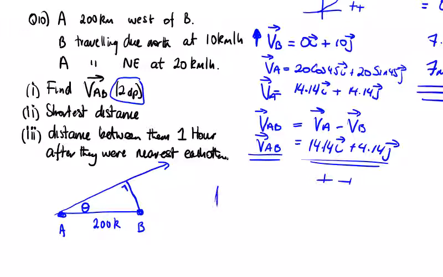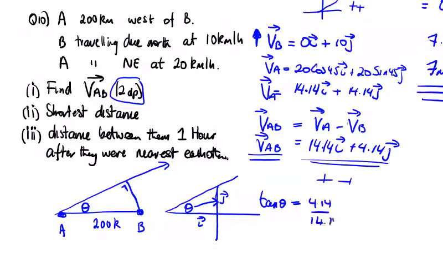Let's just check, my theta: the tan of it is the opposite, which is the y, over the adjacent, which is the j and the i, just because we got it wrong the last question. So the tan of theta is equal to 4.14 over 14.14.